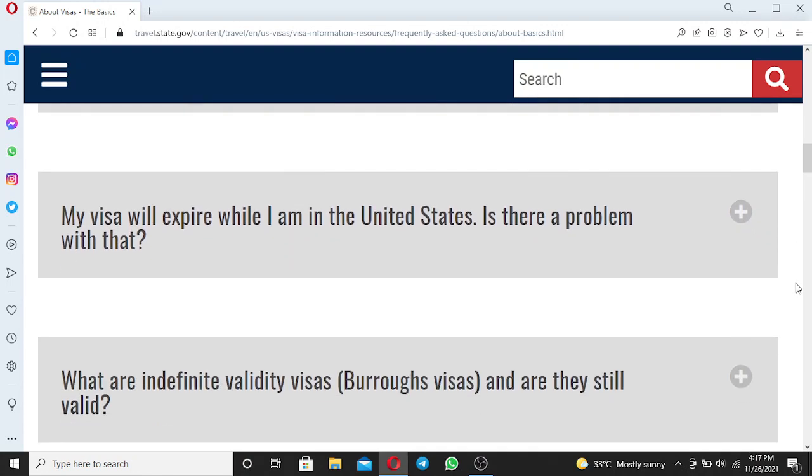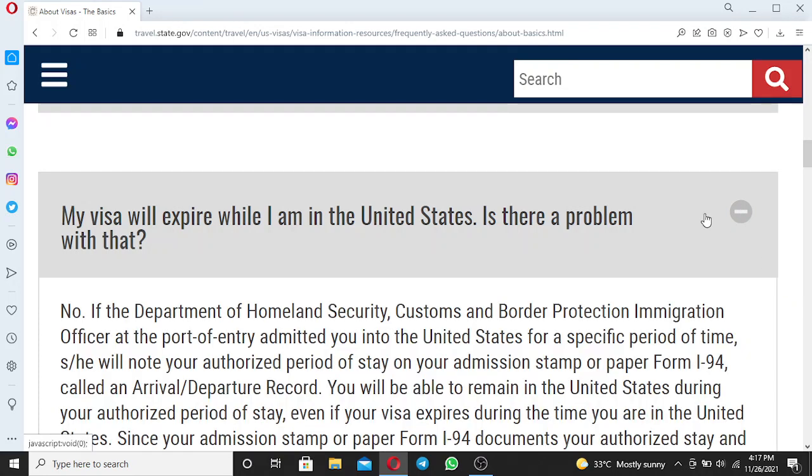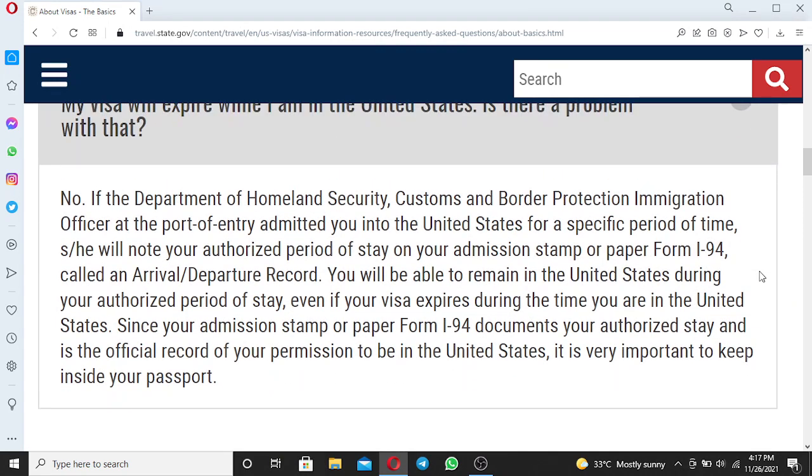My visa will expire while I am in the United States. Is there a problem with that? The question is that. So the answer to that question is no, there is no problem.